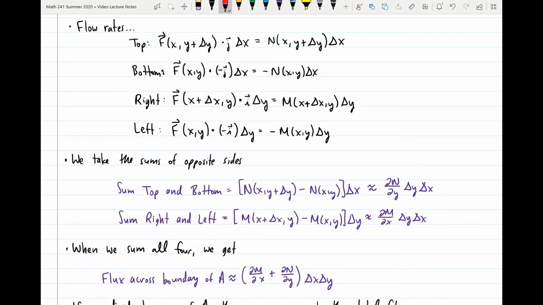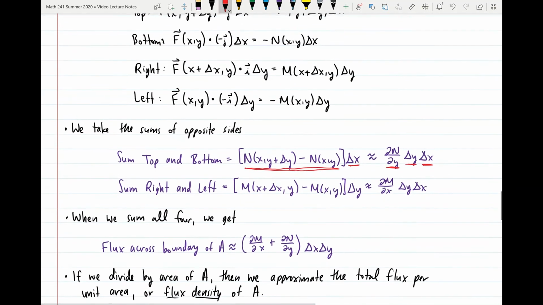And again, this should look familiar. This would be the numerator of the difference quotient that we use for the partial derivative. So that's where this partial n with respect to y is coming from. But we multiply by delta y because typically we would have delta y in the denominator. So we have a delta y that's showing up here. And then the delta x is still just carrying over, just like it did for circulation density.